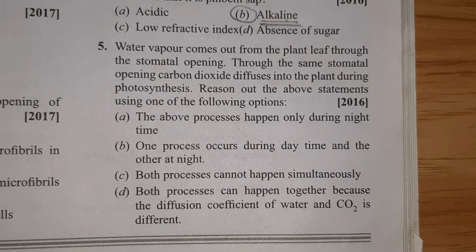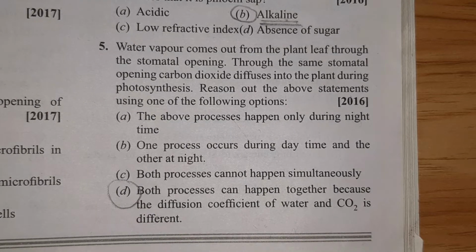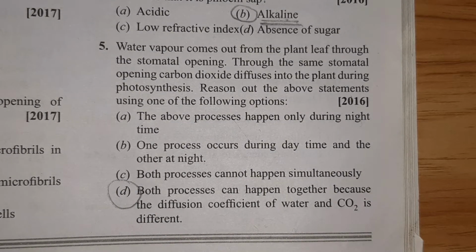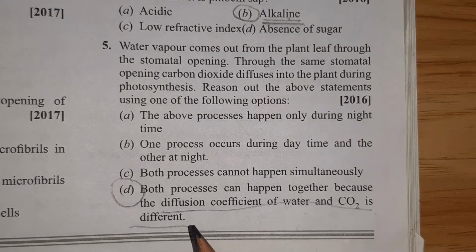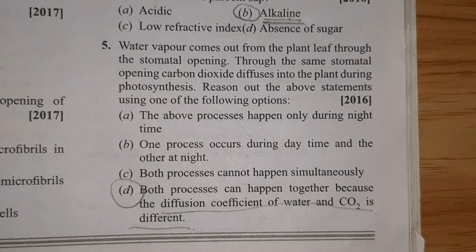Option D, both processes can happen together because the diffusion coefficient of water and carbon dioxide is different. So the correct answer is option D. This is what makes it the answer.